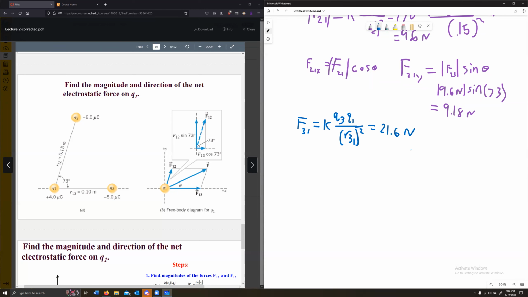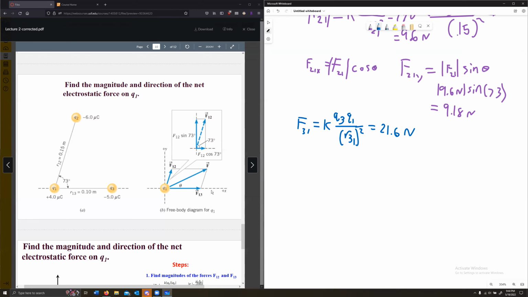One of the things you want to take into consideration is that in this instance there is no y component to their interaction. So you don't really have to solve it.